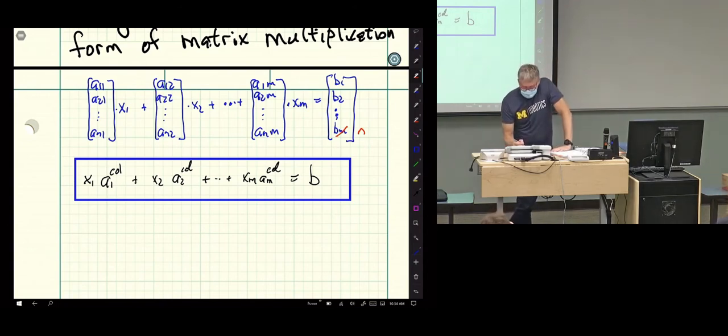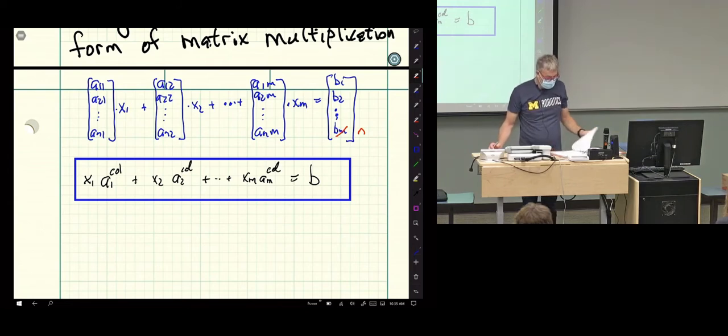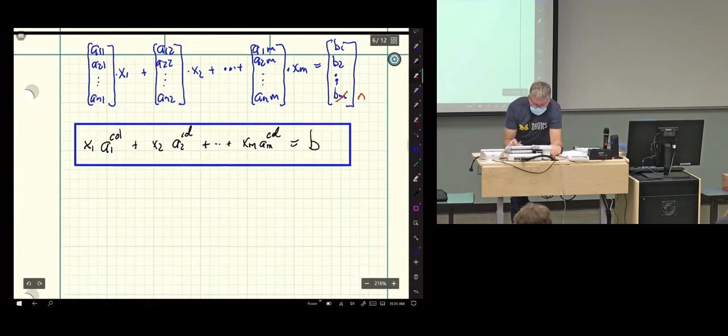So what is the left-hand side? It's a linear combination of the columns of A. What is the right-hand side? B. So this equation says that B is a linear combination of the columns of A. So here's the fact, and then we'll go through it just a little bit.